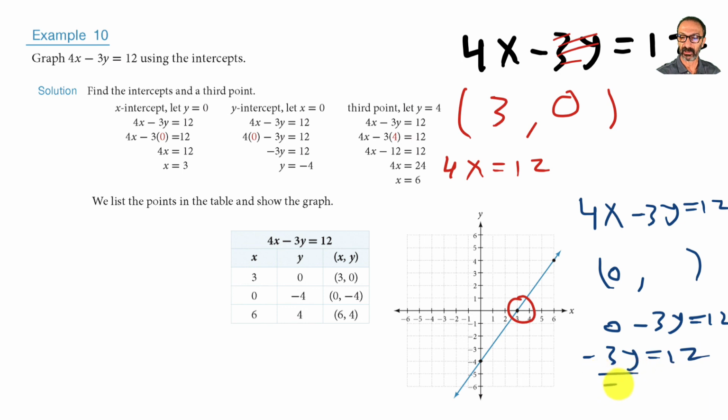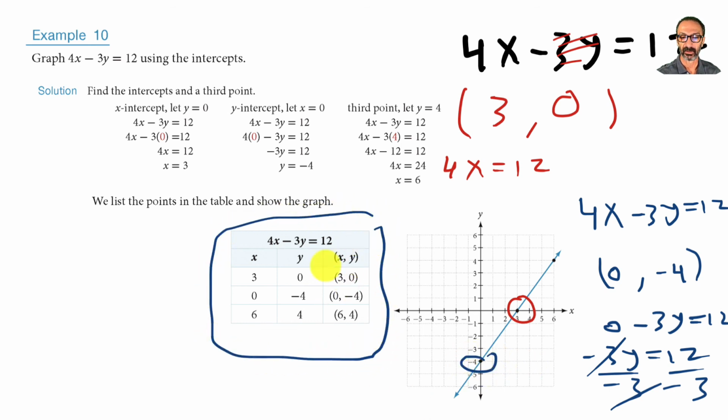Divide by negative 3, and y equals negative 4. (0, negative 4) is down here. This is a summary. They picked another point, as you could see. I don't want to keep plugging in points because I want to save some time, but it would be worth it to test it with another point.